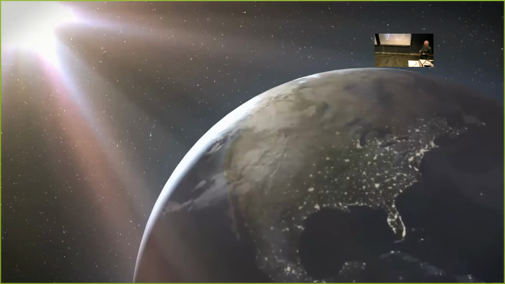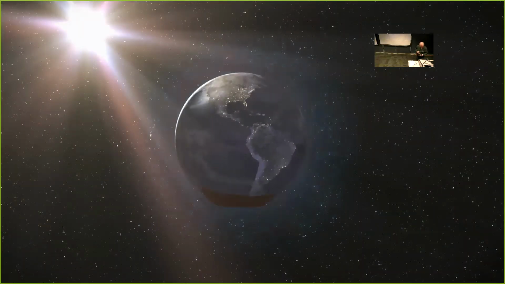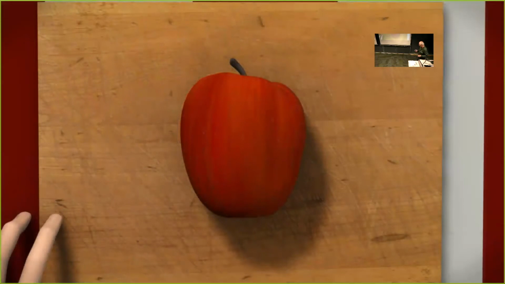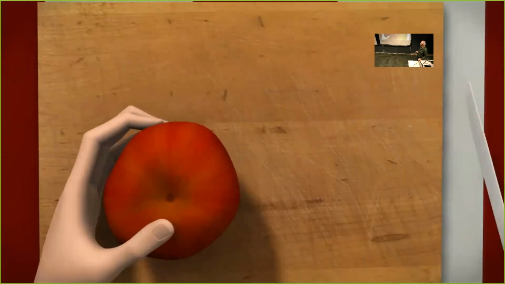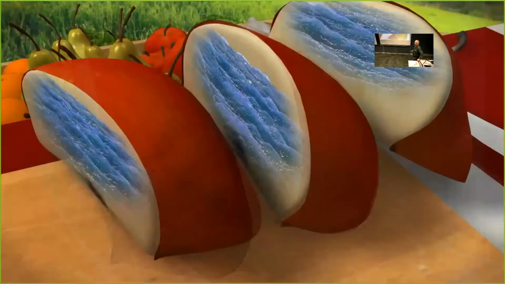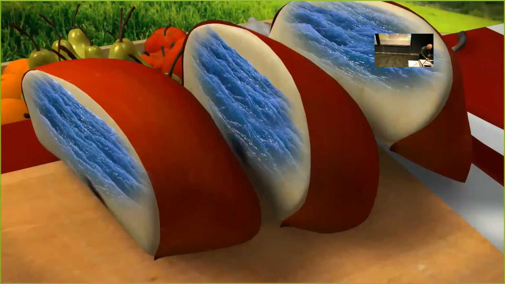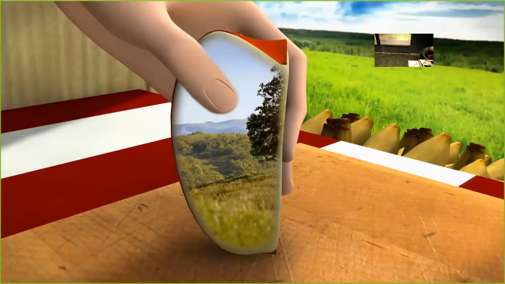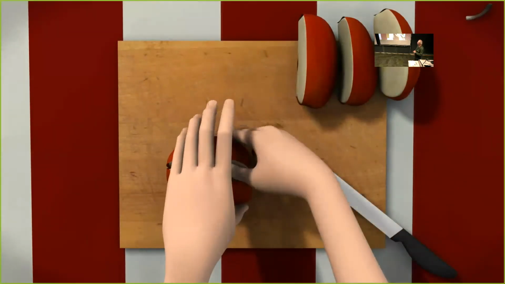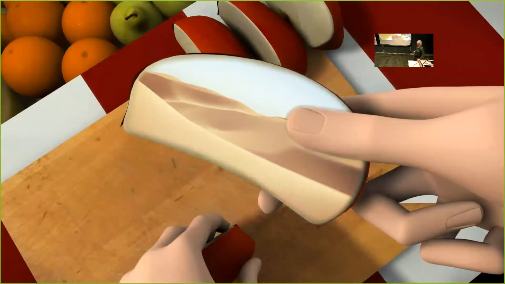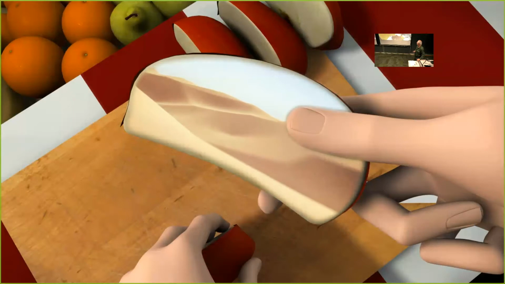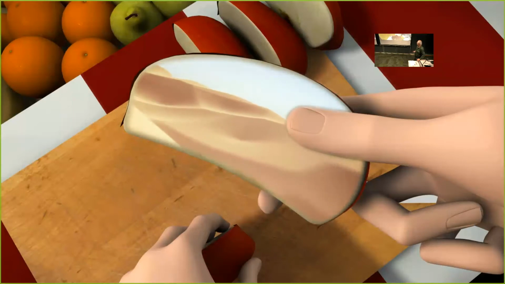Imagine the Earth as an apple. If it were sliced into 4 pieces, 3 pieces would represent the Earth's bodies of water. 1 piece would represent land. If the remaining piece were sliced in half again, 1 piece would represent the land on Earth that is unsuitable or inhospitable for farming.